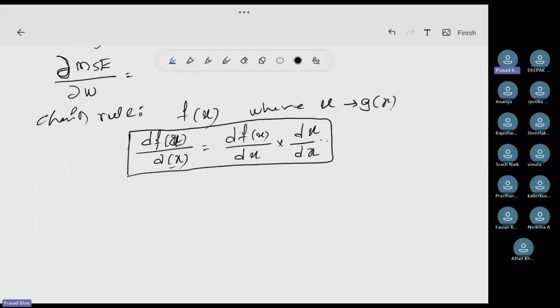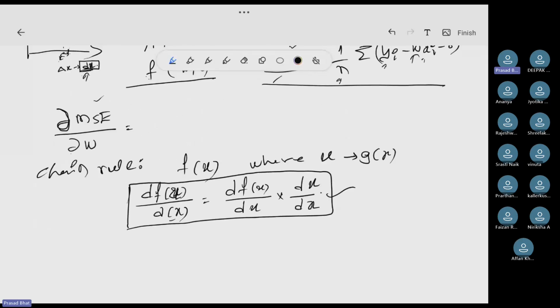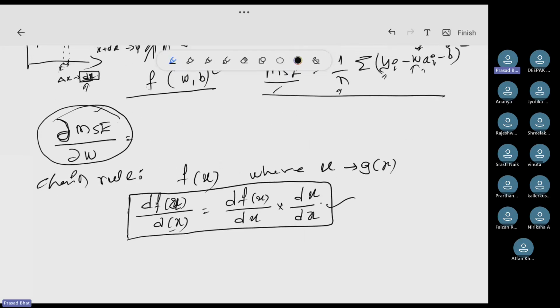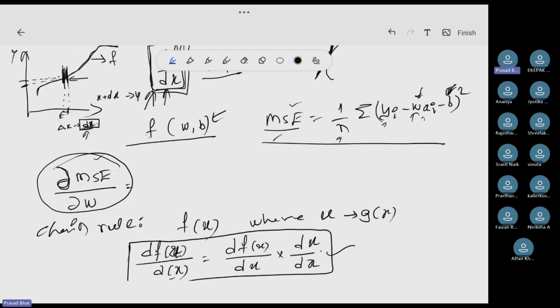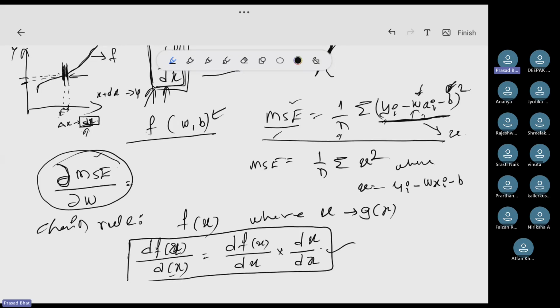Now the same concept we need to bring in for this one as well. Because here in this expression, this part is what we are treating as u. MSE is equal to 1 by n sigma u square, where u is equal to yi minus w xi minus b. Correct? So what do we generally do?